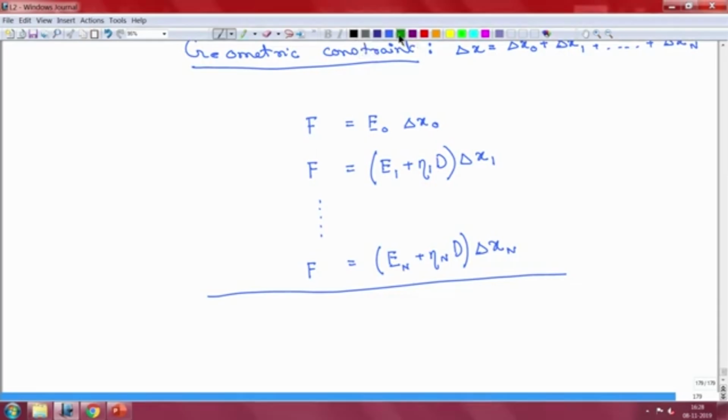So, what we are going to do is multiply this entire part by 1 by E naught, so that I cancel this part out, and then I am going to multiply it with all these different factors, E 1 plus eta 1 d, and this way going all the way till E n plus eta n d.